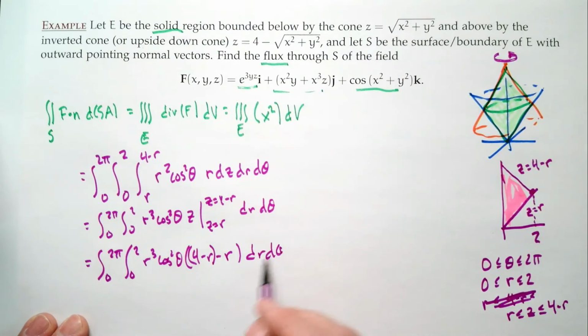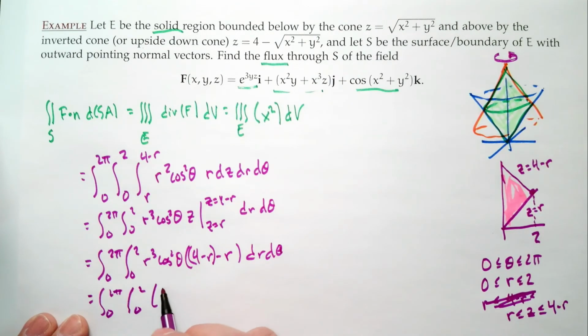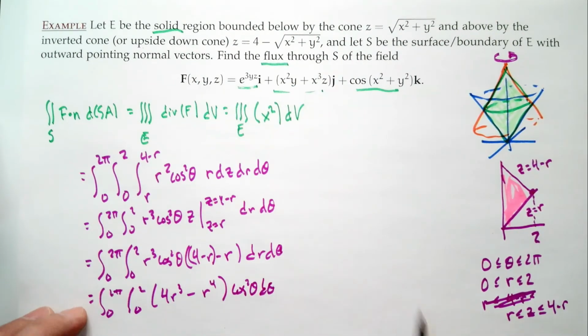We can multiply the r through, so that's 4r cubed minus 2r to the 4th, cosine squared theta d theta.